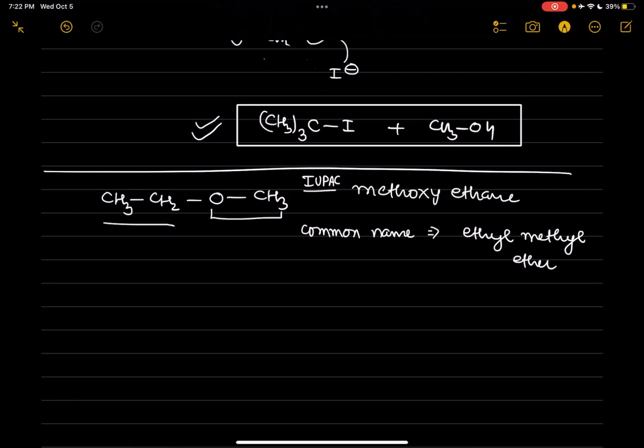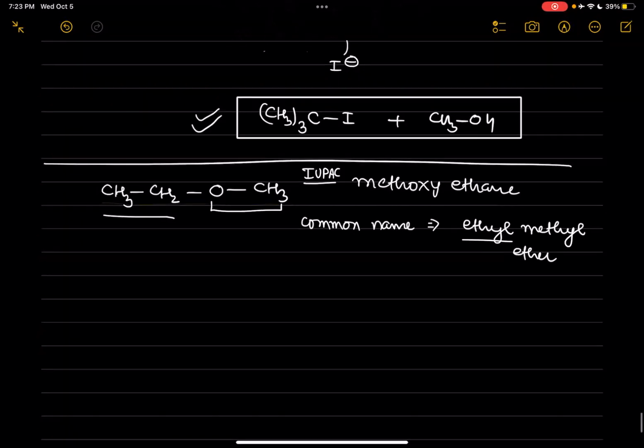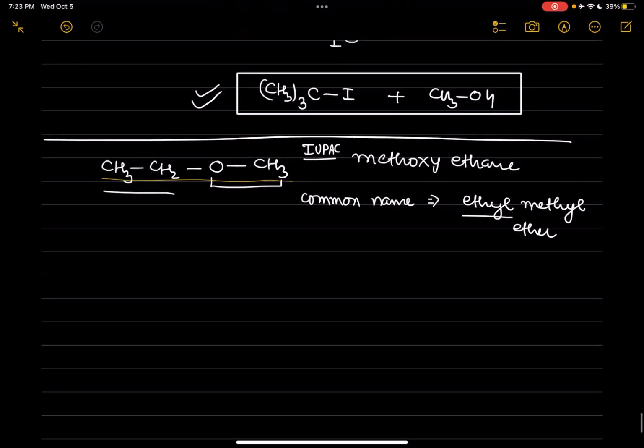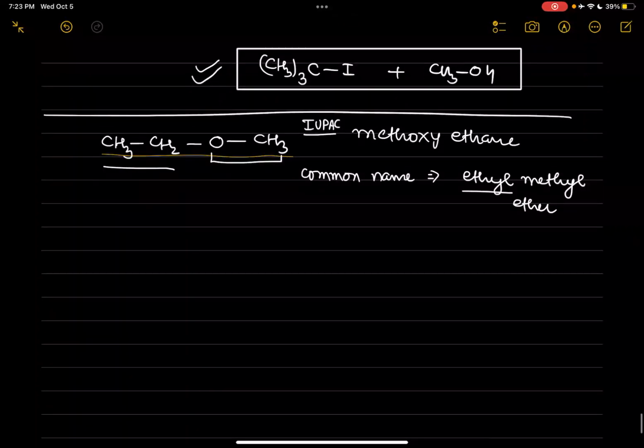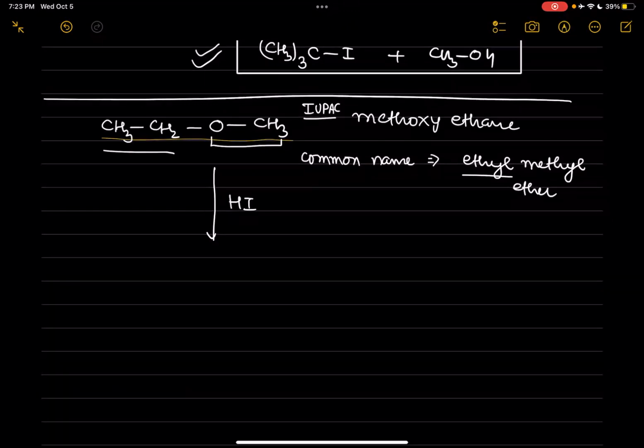Ethyl is written first because E comes before M. In alphabetical sequence, I have written ethyl methyl ether. Okay. And now HI.